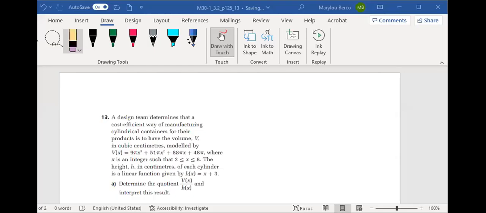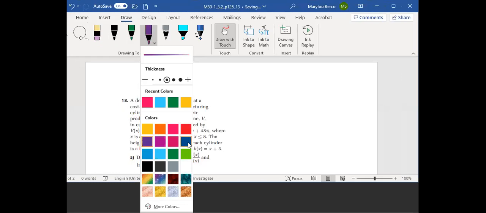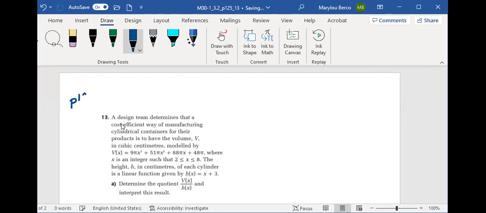Okay, let's take a look at number 13 on page 125. A design team determines that a cost-efficient way of manufacturing cylindrical containers for their products is to have the volume V in cubic centimeters modeled by this equation, where x is an integer between 2 and 8.